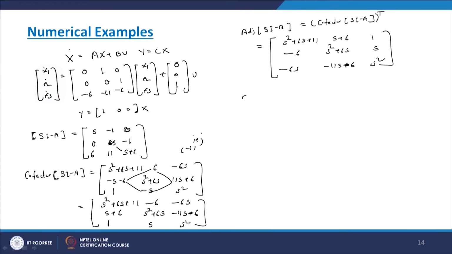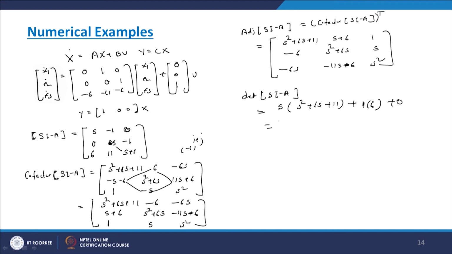We write the determinant of sI minus A. This is s times s square plus 6s plus 11, and now about this element 0, that means we will get s square plus 6s plus 11s plus 1, and this 1 into, and about this is 0, so all the elements concerned with this will come 0.